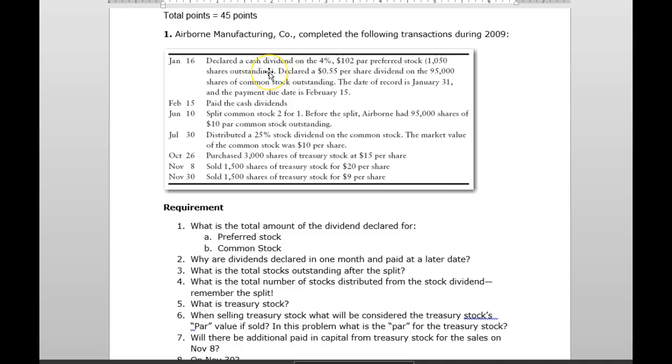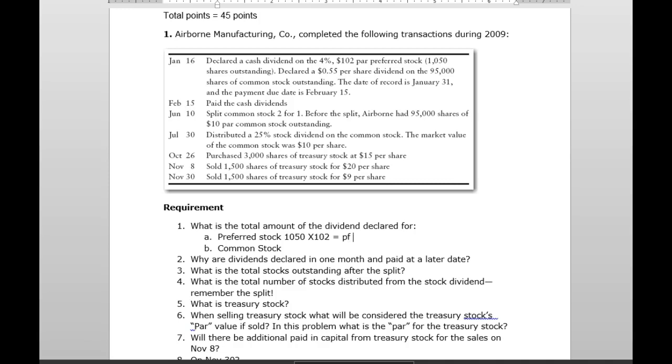Well, if I go up here and I'm looking around, I find that I have 1,050 stocks times, what is their par? And that's 102. So that's going to give us our total preferred stock.